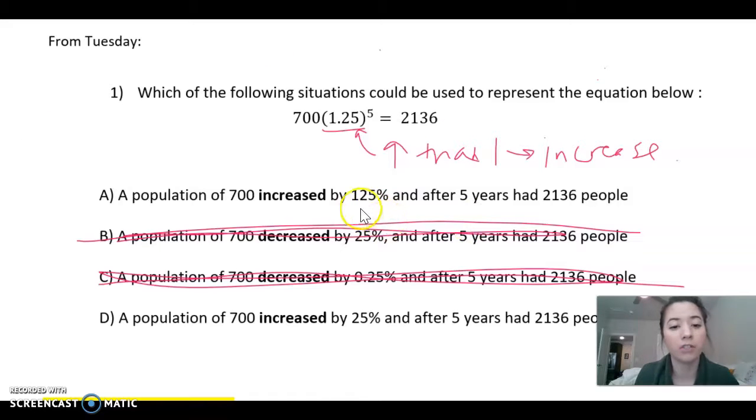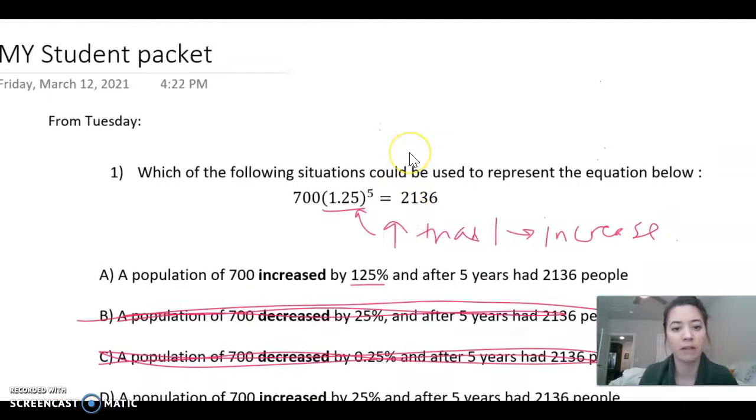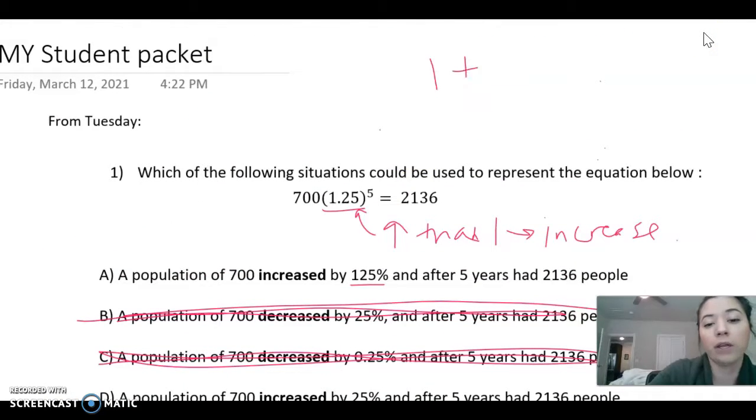So we can get rid of C and B. So now it comes down to, well, what was my percent increase? Was it 25% or 125%? Well, remember, to get our multiplier, we did 1 plus our rate as a decimal. So to go backwards, we're going to take that 1 away.